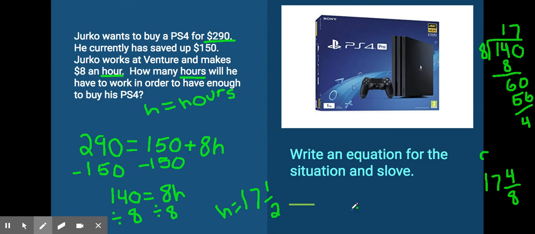I hope that makes sense. I think this problem's pretty straightforward, and it's pretty easy to organize out into an equation and then solve it. So there you go.